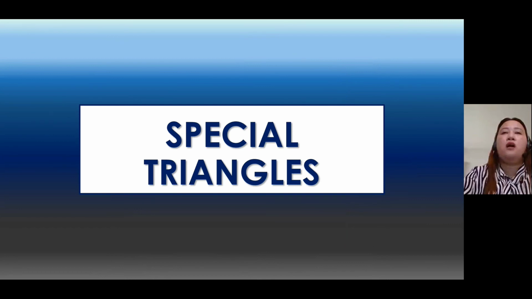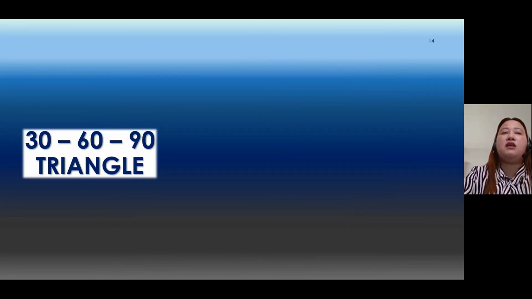Now, for the special triangles, the first special triangle is the 30, 60, 90 triangle. When we say 30, 60, 90, these three numbers are actually the measurements of the three angles of the triangle.